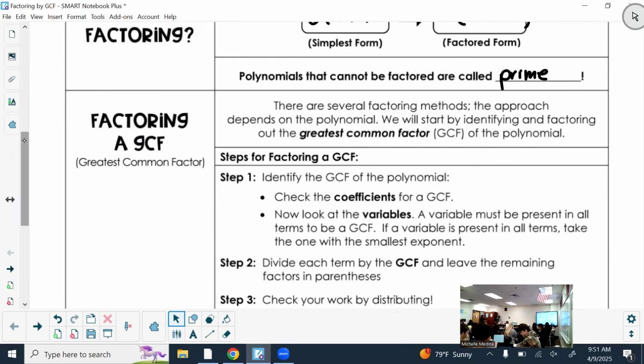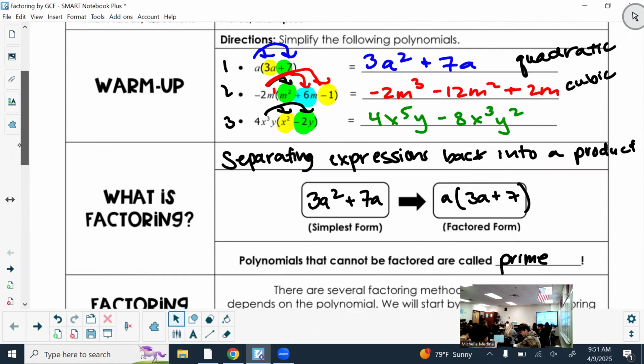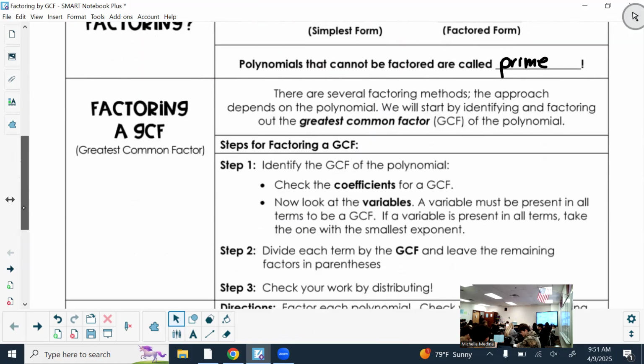Because constants technically are not in front of variables, but like the 3 and the 7, those are what we're looking at first. We're looking at the numbers, checking for a GCF. If there is one, we're going to write it off to the side, and then we're going to look at the variables.